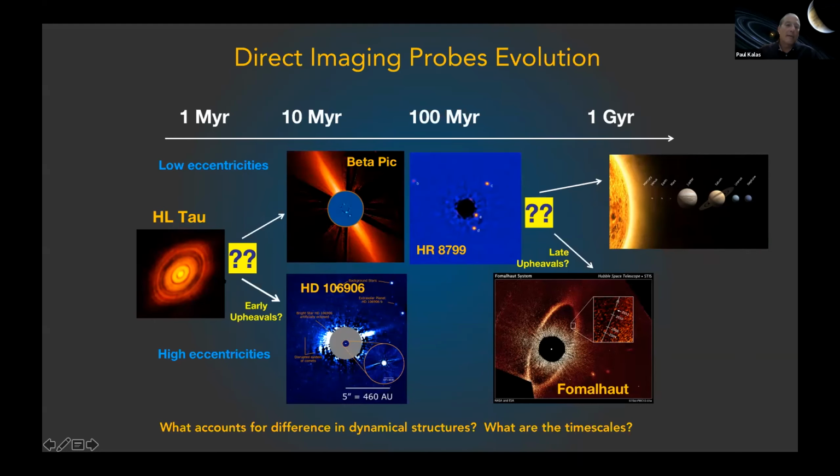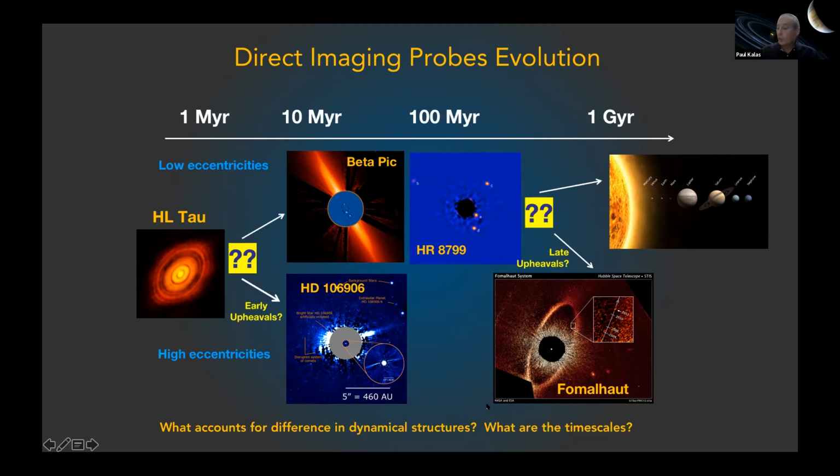Do you have early dynamical evolution that is the most important when the star is still in its birth cluster? Or do you have other evolutionary pathways that govern the final architecture, such as planet-planet scattering, which I call here late upheavals?